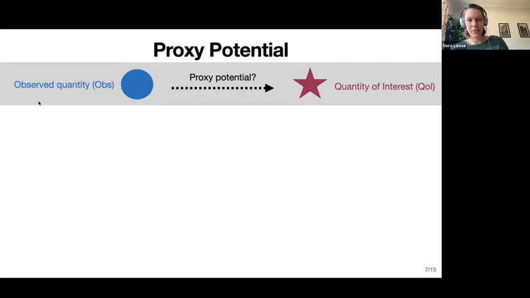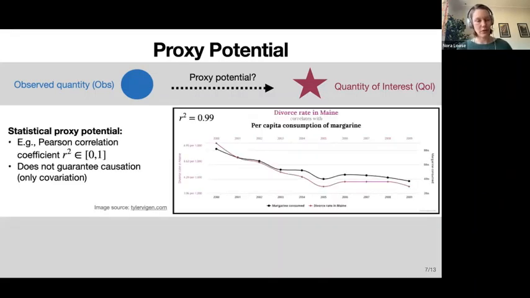We want to take observed quantities, salinity, temperature, velocity at certain locations and ask, can we use them to infer other quantities of interest that might be much harder to observe or maybe impossible to observe, such as ocean transports or future sea level rise or anything like this. And conventionally, proxy potential is assessed by using statistical tools, for example, correlation.